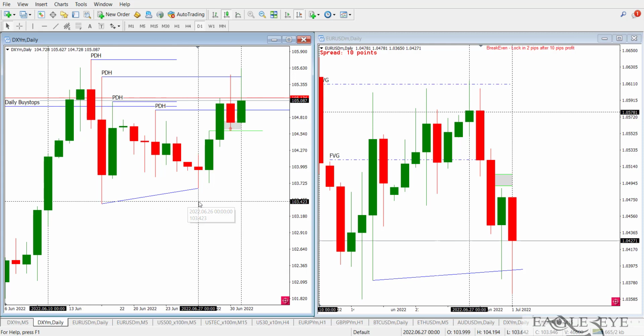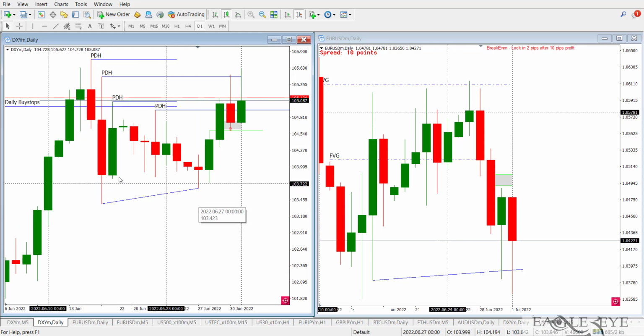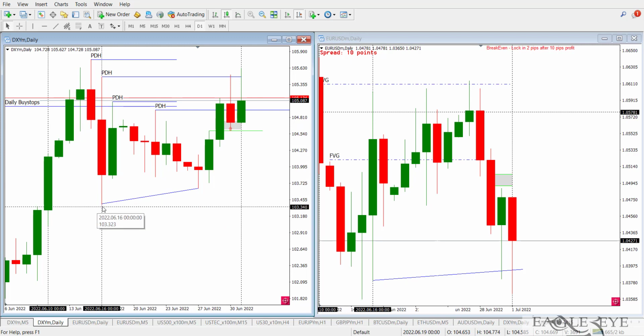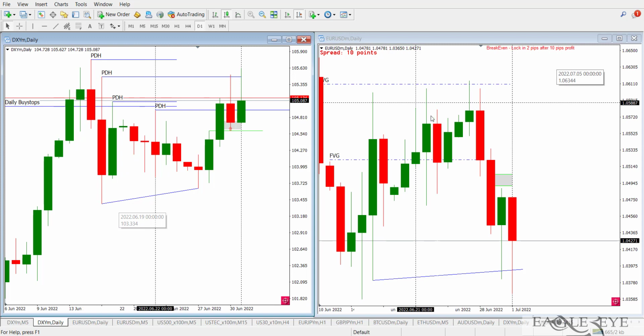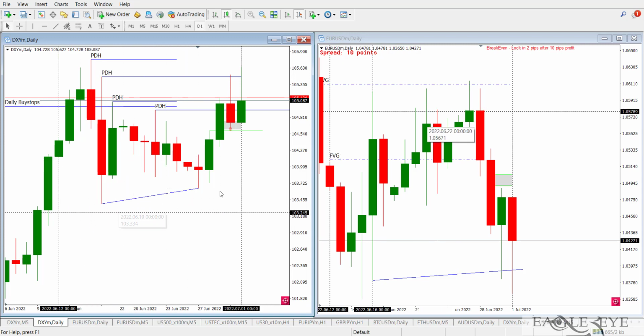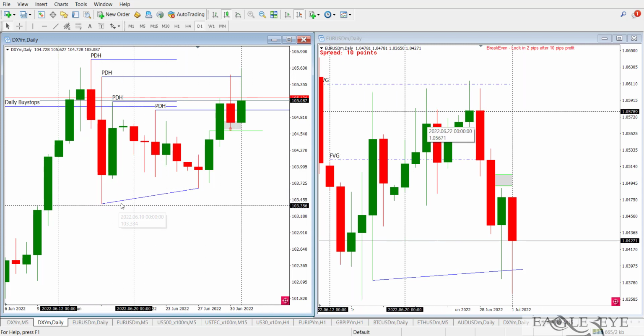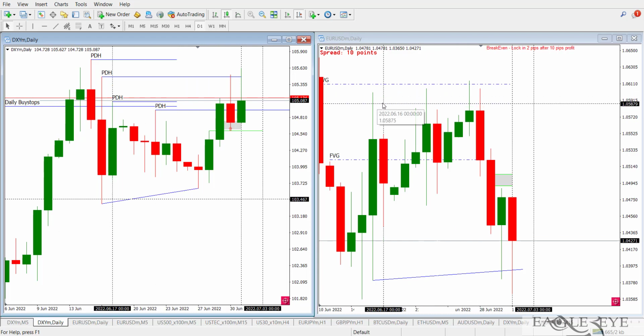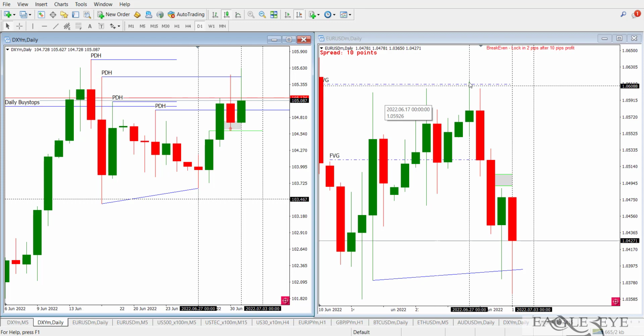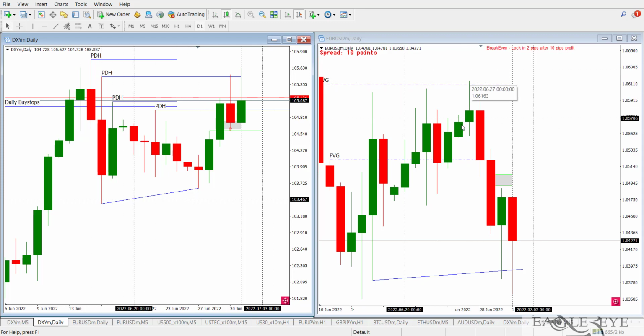Now under normal circumstances, in symmetric price delivery, when the dollar makes a lower low, I expect the euro USD to make a higher high. And when you have this condition right here, where the dollar is making a higher low and the euro USD is making a higher high, that's the divergence.